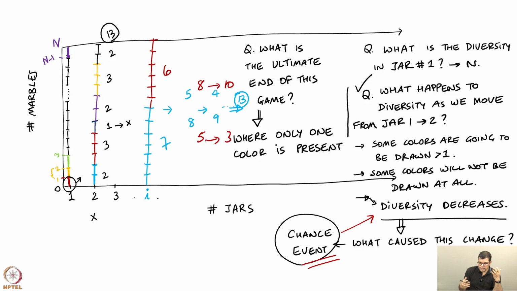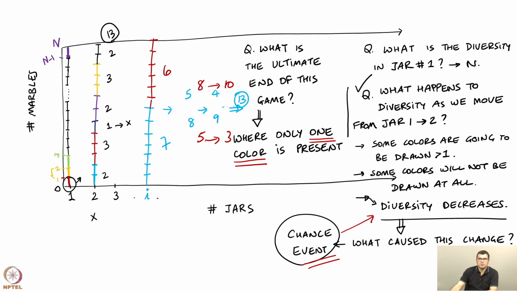So, these are stochastic, but the point is that the game will only end when only one color is present in the jar, and the identity of that color is going to be a different one in every run of the game. If I play this today, green might win. If I play this tomorrow, yellow might win, and so on. So that's the marbles in a jar game.